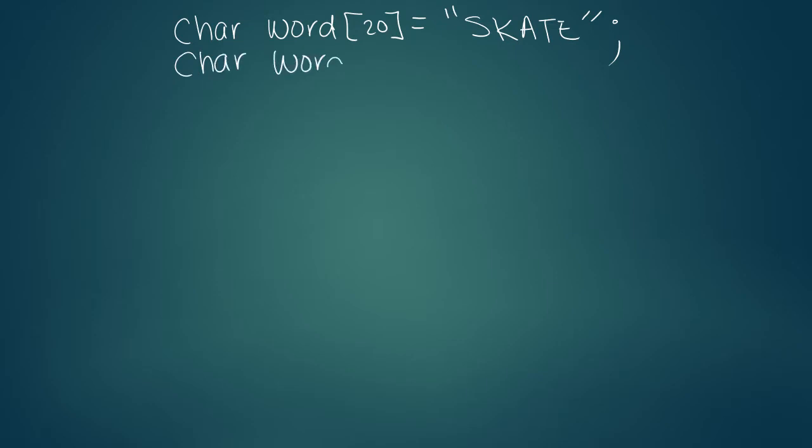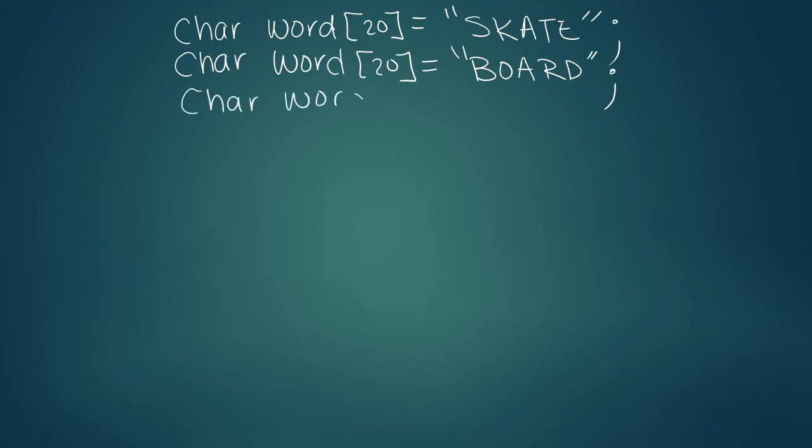In order to use the string member functions, you need to have string.h included in your program. All right, and I'm not sure if skimboard is a word, but we will stick with skim as well.